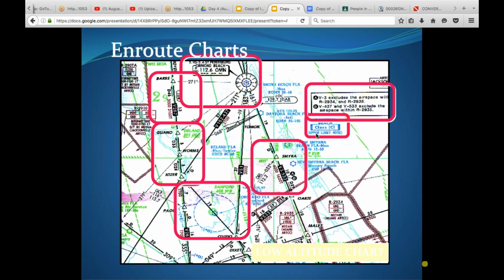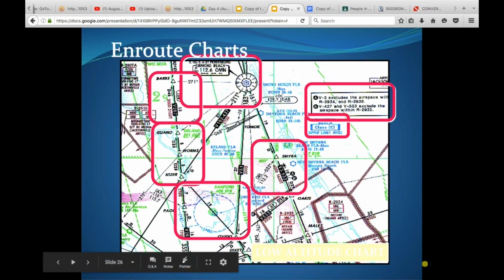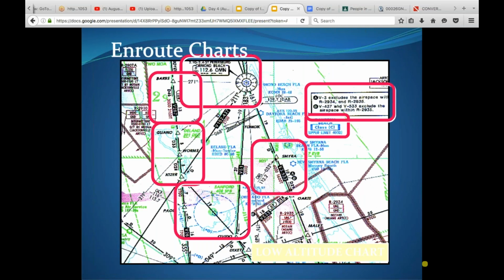It's just saying that when you're flying those Victor routes, at least, am I right there? The Victor routes are okay to fly on. As long as you stay on those Victor routes, you're able to go through those restricted airspaces. Yes, I believe so. So Victor 3. Yeah, that's Victor 3 going through there. So they're going to know where you are. Yeah, as long as you're staying on the jet route, you're able to go into those restricted airspaces you see in the bottom right-hand corner of the screen.